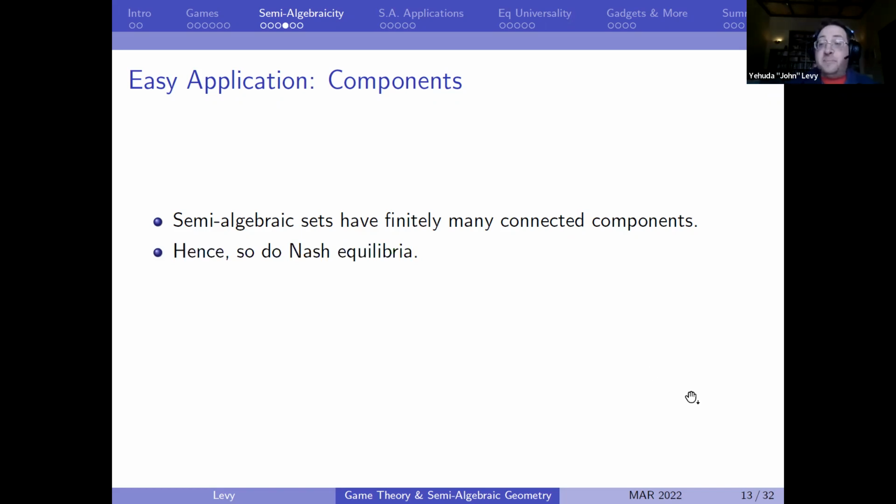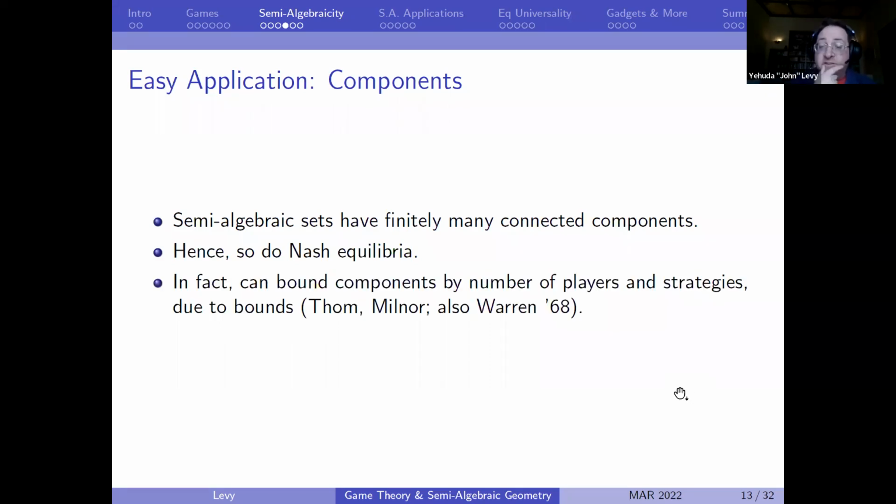In fact, this direction can be taken further, because in the literature there's a bunch of work on bounding the number of components of a semi-algebraic set, given the dimension they live in, the number of polynomials, and their degree.